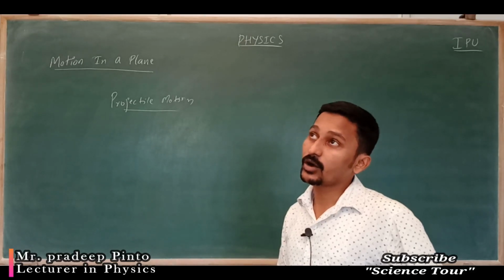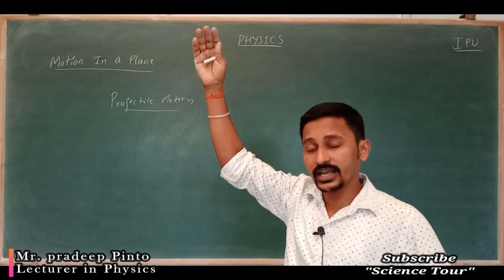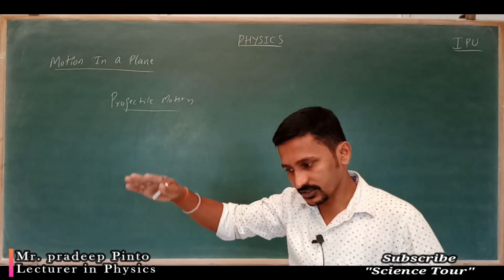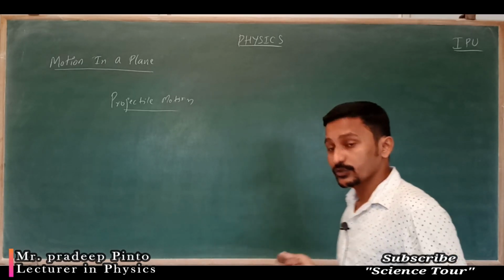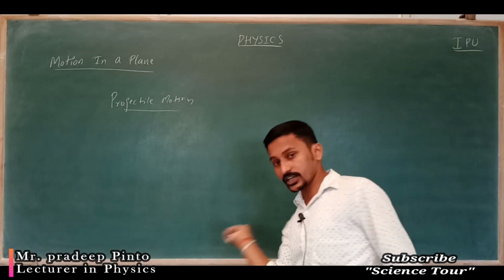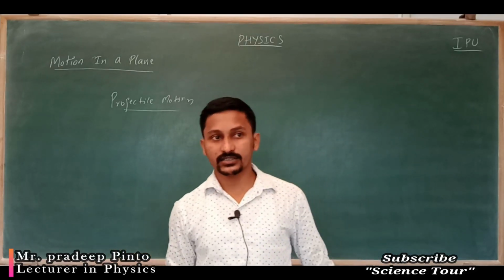If you throw upward, velocity decreases, and when it comes back, velocity increases. But if you throw any object horizontally, velocity neither increases nor decreases.